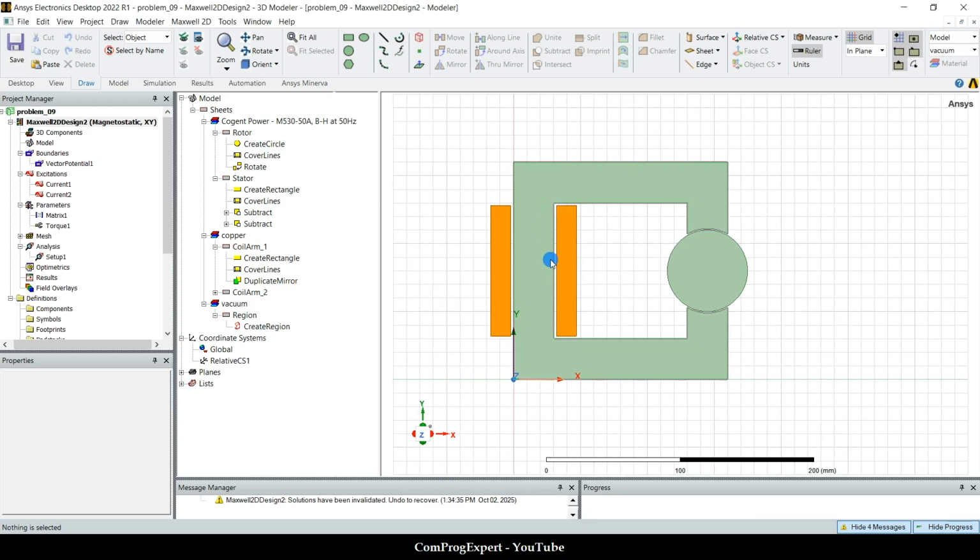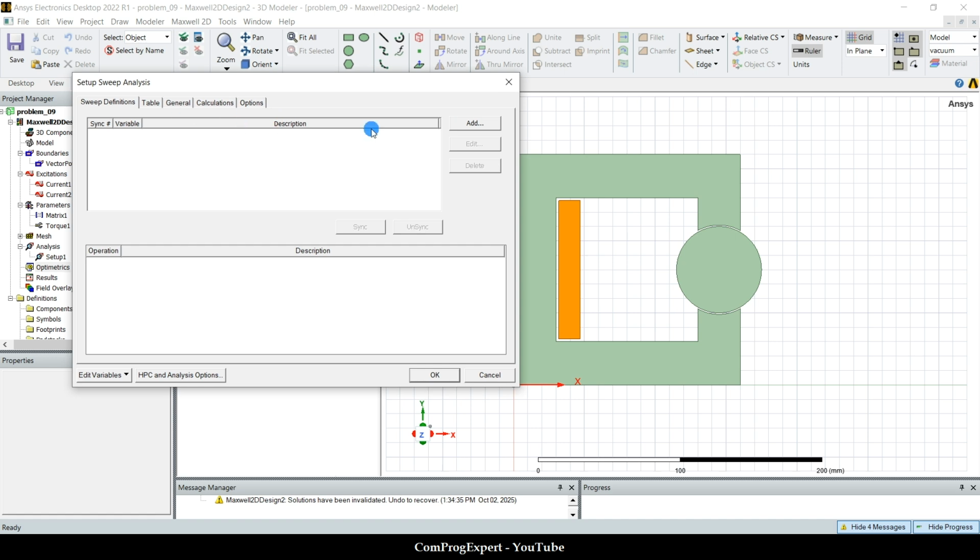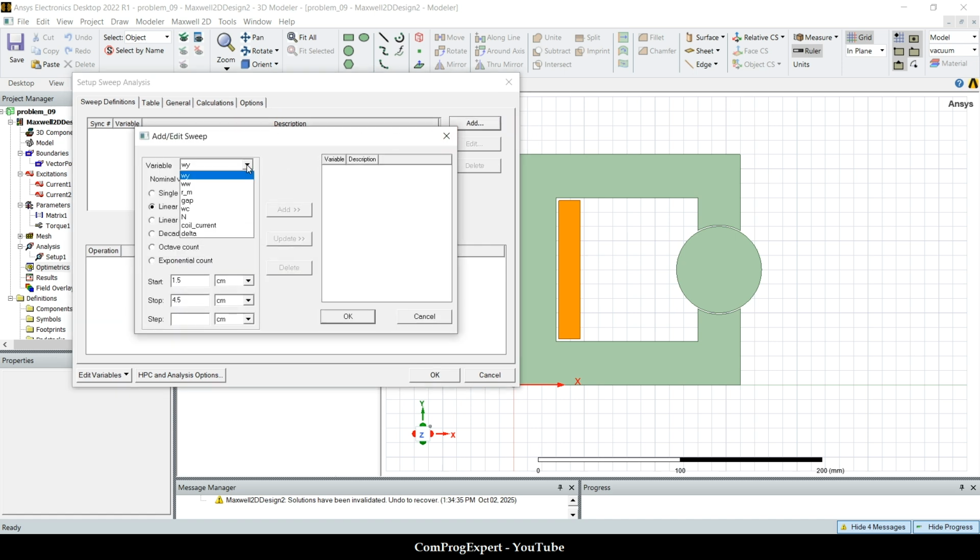Anyway, let's rotate the rotor and perform a parametric simulation. In Optimetrics, I define a parametric simulation. Let's add delta. I'm going to change the delta from 0 to 90 degrees, or from 0 to 360. The step size, consider 18 degrees.